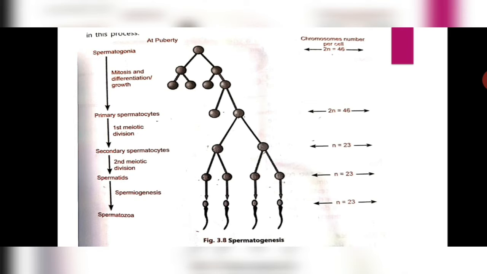Now, the head of the spermatozoa at this point is embedded into the Sertoli cells, from where they draw nourishment. And finally, they are released from the seminiferous tubules by a process known as spermiation. So, spermiation is the process of the release of spermatozoa from the Sertoli cells.